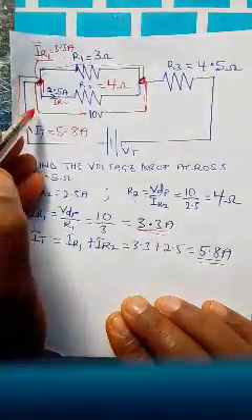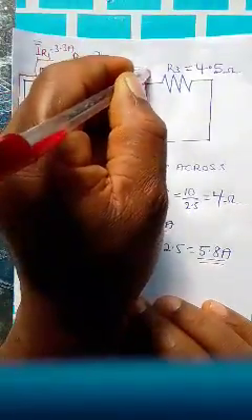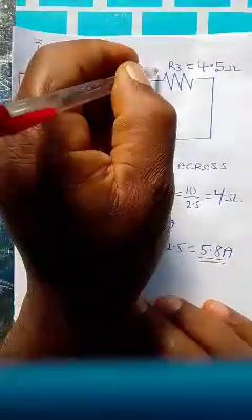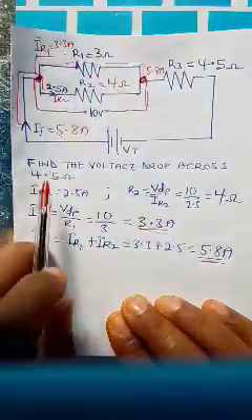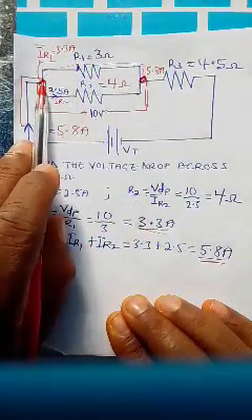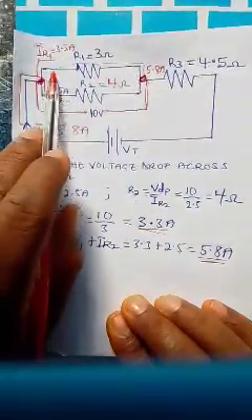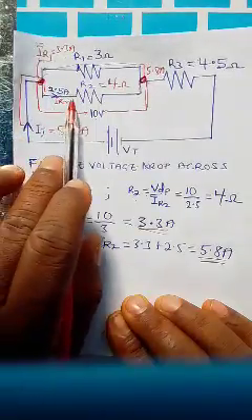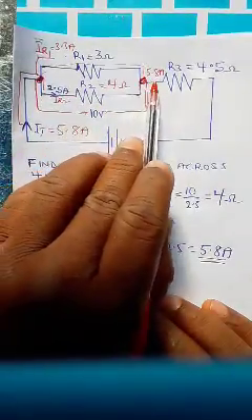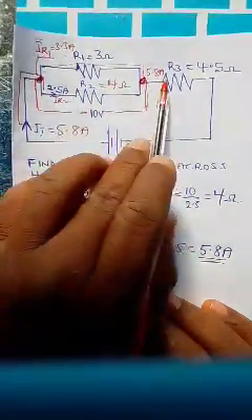Once they join, 5.8 amps flows here. Part goes this way, 3.3, and part goes that way, 2.5; they meet together and it becomes 5.8.